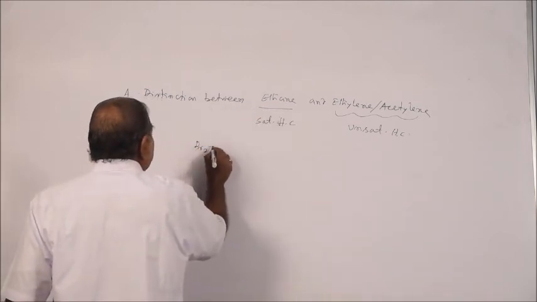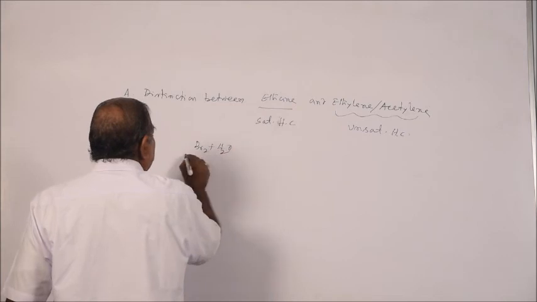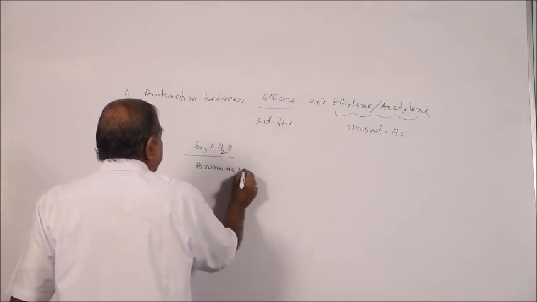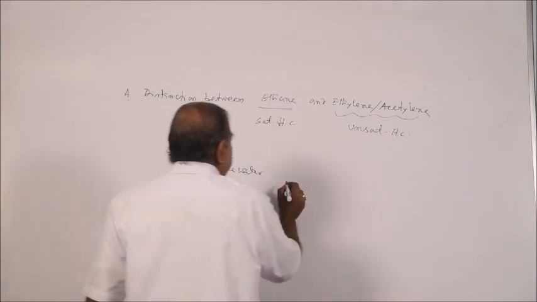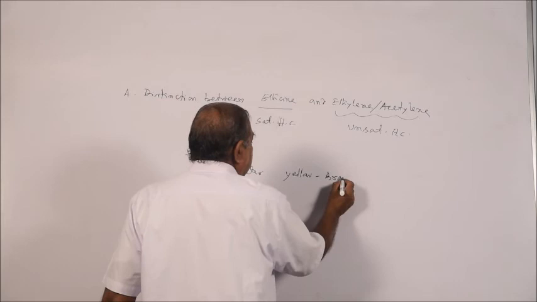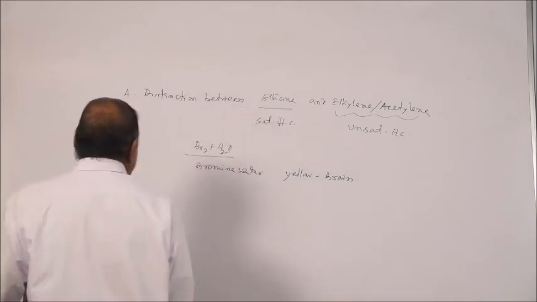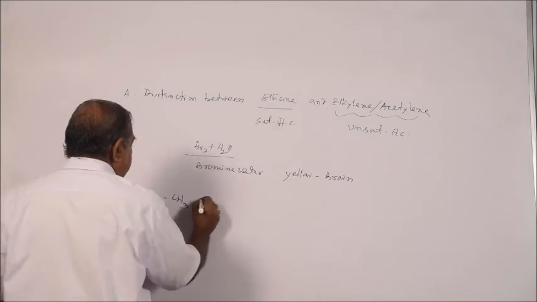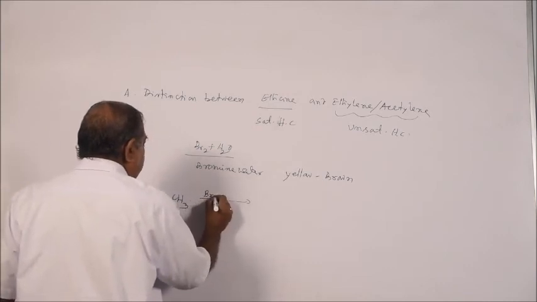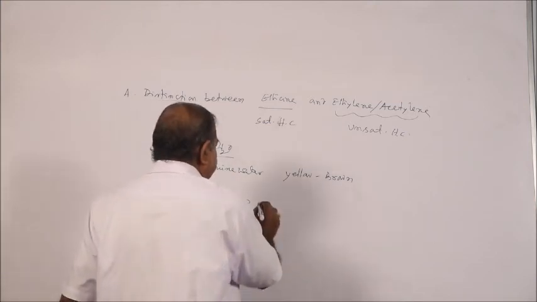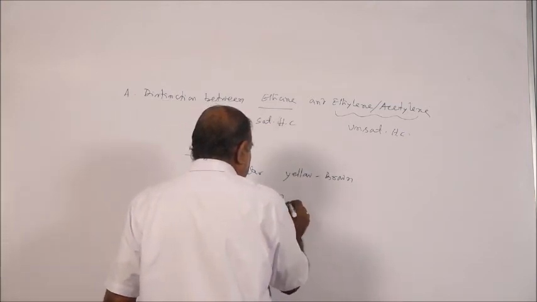Bromine mixed with water is called bromine water. Its color is yellow brown. When ethane is passed through bromine water, no reaction takes place.